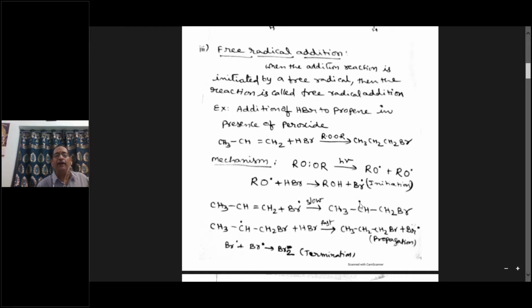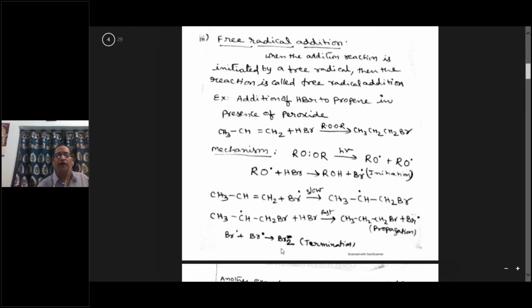This radical reacts with HBr, and the final product is 1-bromopropane and Br radical is formed. And finally, the reaction is terminated by the combination of two Br radicals to form Br2.